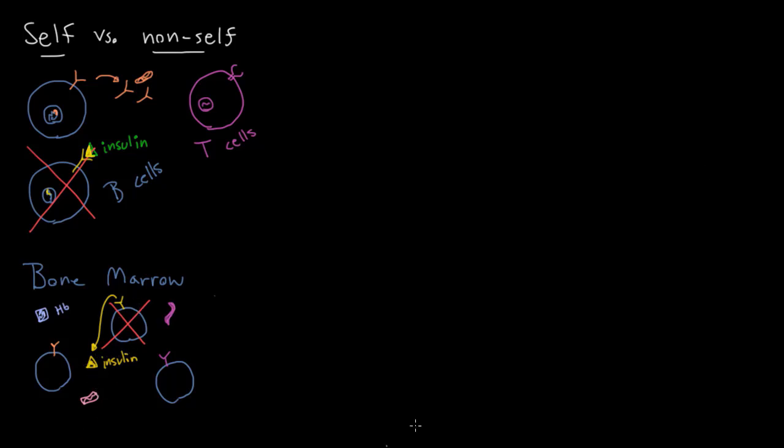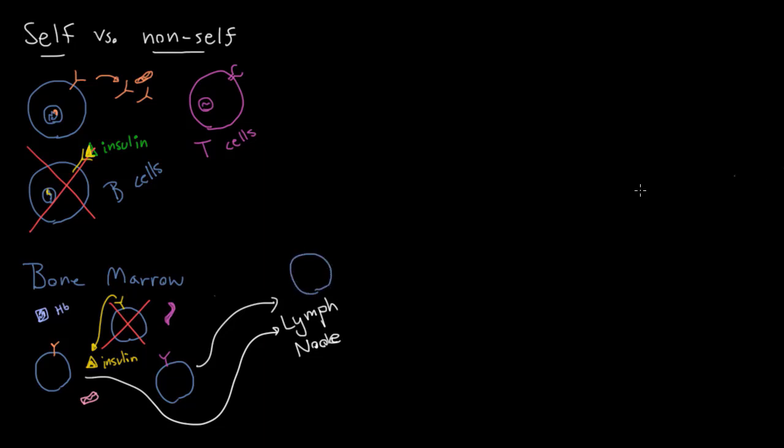Now what happens after this step is that these guys who have been vetted can proceed onwards to maybe a lymph node, somewhere where they can begin to actually be active, now that they've gone through basic training here in the bone marrow. And you might ask yourself, well, what about here? What about when one of these B cells that doesn't react to self interacts with a bacteria that you actually want it to fight?